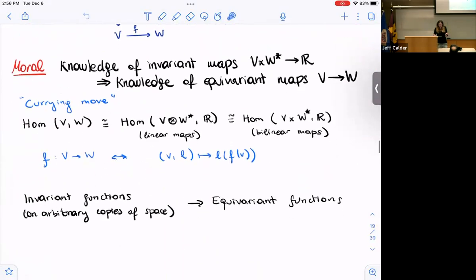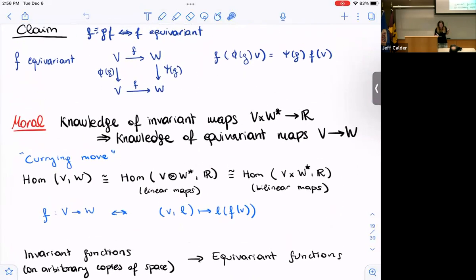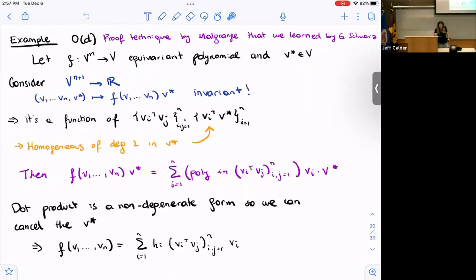So with that, you can construct an algorithm that allows you to construct the equivariant maps from the invariants, which basically relies on the fact that, and maybe I'll show you how it works with an example, and then the general algorithm will make sense after that.